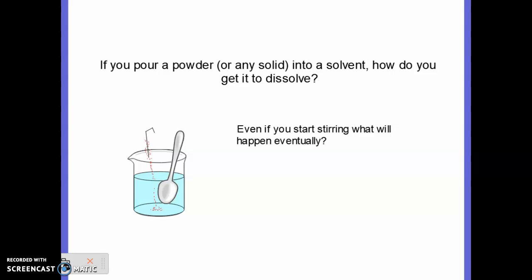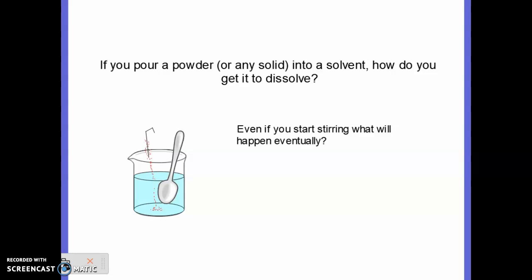So if it's a sugar cube versus sugar granules, the granules will definitely dissolve faster. Or if we are agitating the solution and stirring it, we can get it to dissolve a little bit faster. We talked about those factors previously when we were going over factors that affect solubility in our first set of notes. So you can do that if you are trying to get it to dissolve.